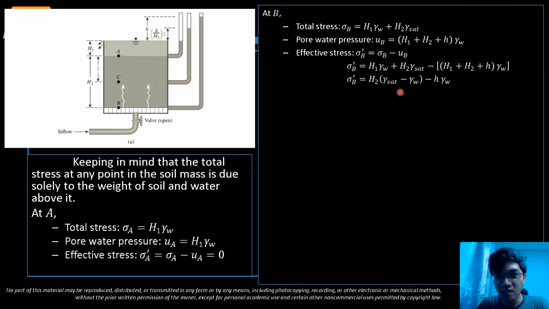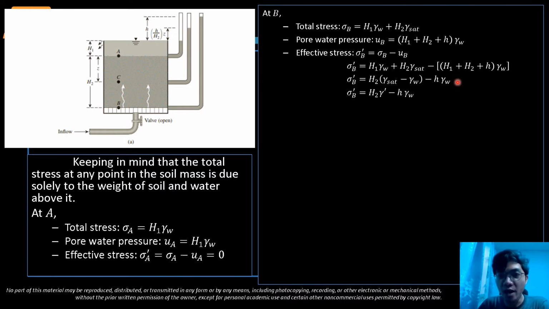Okay, so what happens, class, is H sub 1 times gamma water minus H sub 1 times gamma water, makakancel yon. Tapos, H sub 2 gamma sat, pwede nating i-factor out yung H sub 2 niyan, i-distribute mo kasi yan. So, ang mangyari, H sub 2 times gamma sat minus gamma water, and then minus H times gamma water.